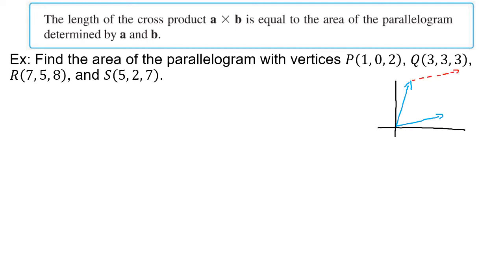If I move the left one to the right, I could connect them this way, and I could find the area inside of here, which would be the magnitude of the cross product.